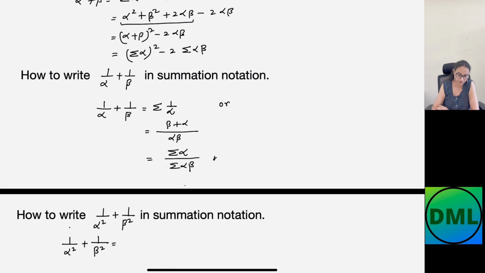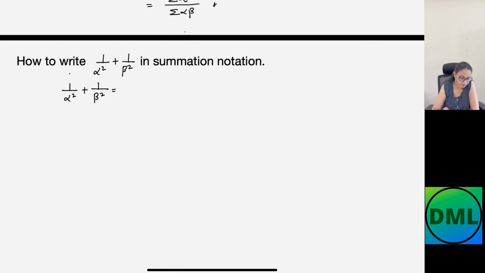Let's see another form here. How to write 1 over alpha square plus 1 over beta square in the summation notation. This will be written as sigma of 1 over alpha square, or if we take the LCM here, alpha square beta square, this will be beta square plus alpha square. I have done beta square plus alpha square earlier also.